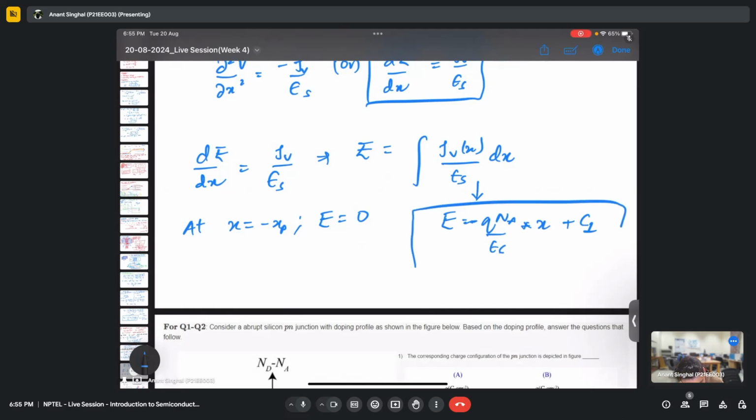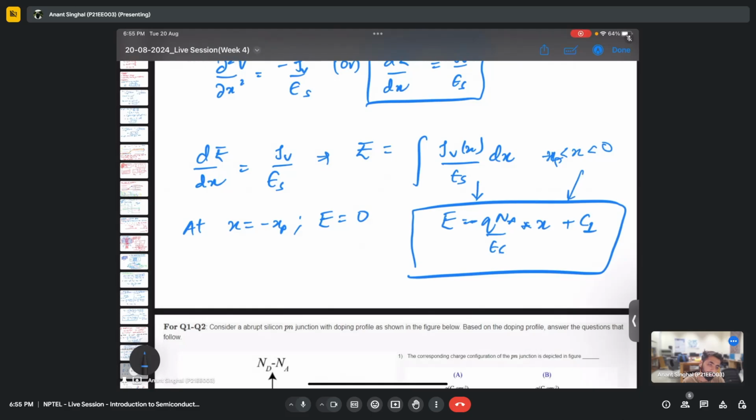Is there any doubt in this solution? I've just put rho v as qNa for the p side. So this is applicable from 0 to minus xp. Is this clear, the solution? Please clarify if it is clear.